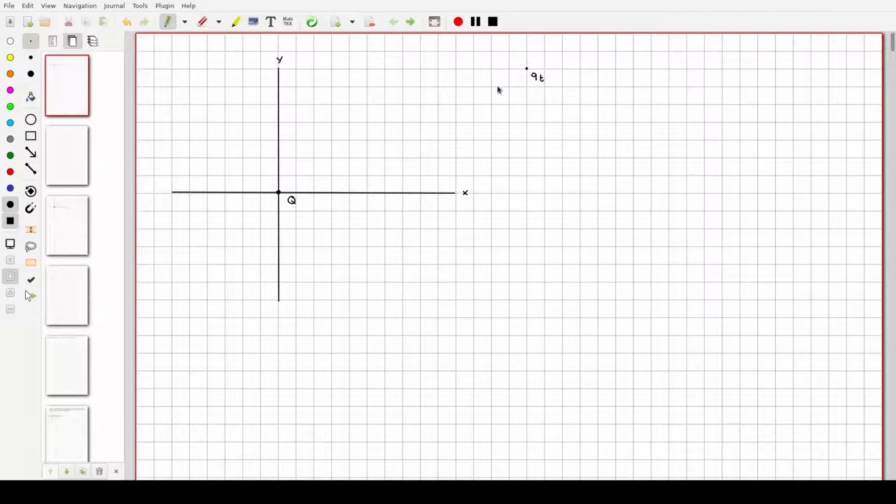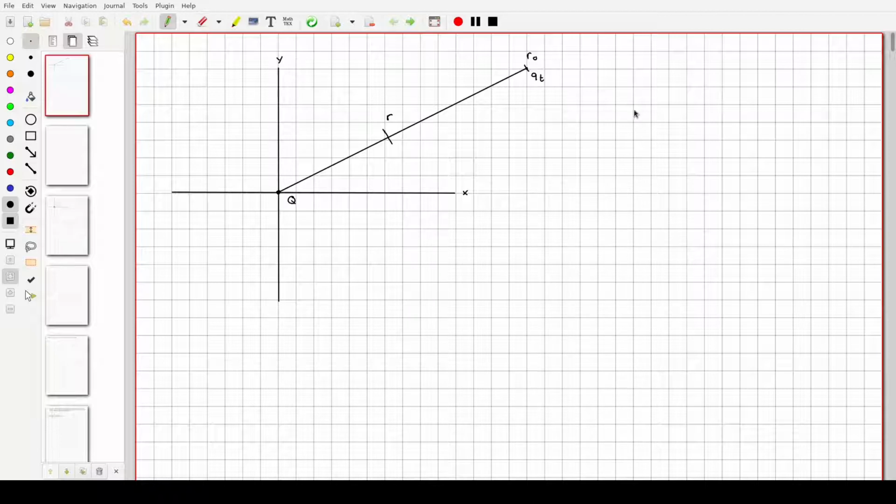And I'd like to bring it in, maybe to about here. So if I were to draw a line that sort of connects the two, our starting point is going to be right here, which I'll call R naught. And our ending point is going to be about here, which I'm going to call R.